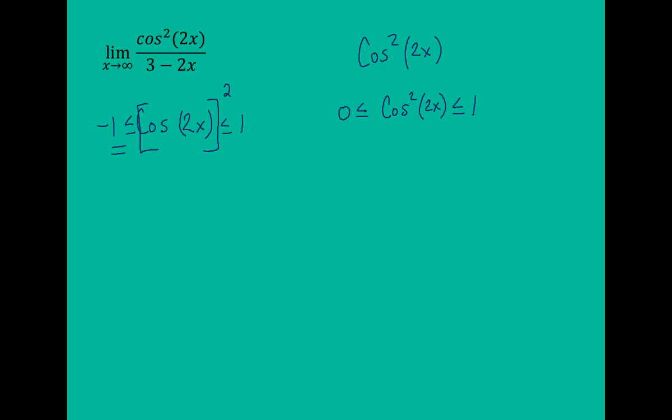Now we're going to divide each one of these intervals by 3 minus 2x, but we're going to do it in 2 steps. First of all, let's divide by the negative 2x. Well, here we are dividing by a negative value because x is going off to infinity, so we would have to switch our inequality signs.